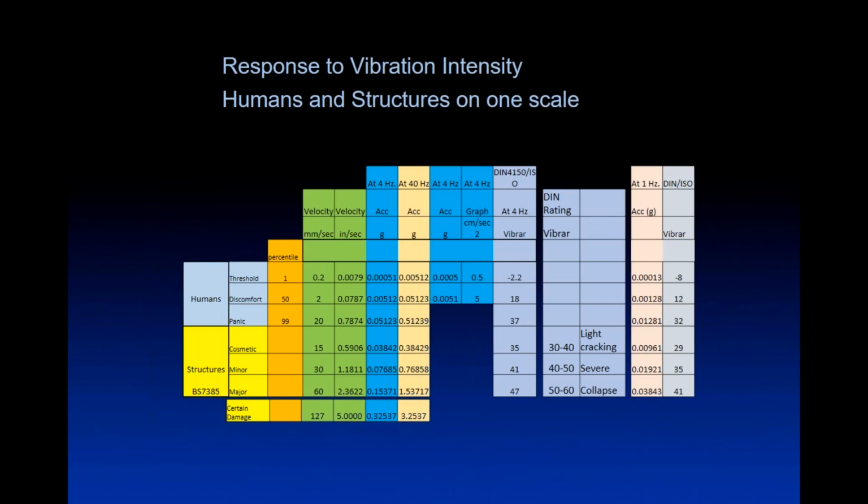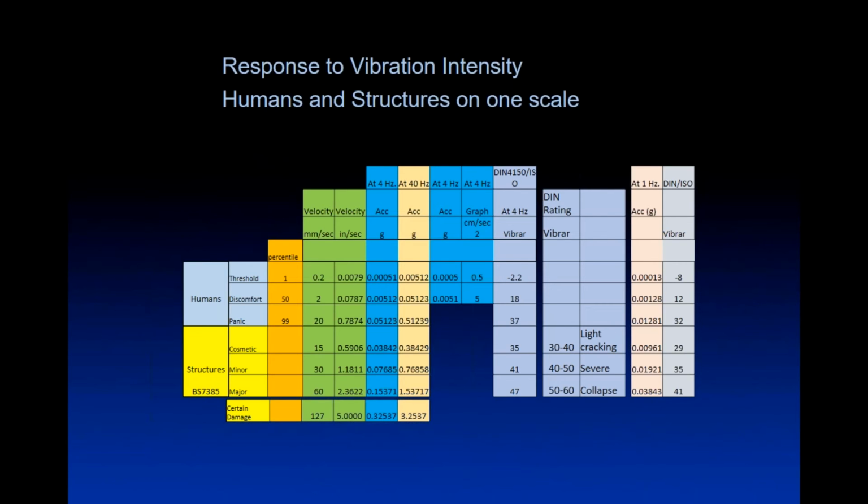These are criteria comparing human comfort with structural damage. Essentially, what we're saying is that by the time you get people inside a building panicking, they do not want to be there, they're running out, that's when you'll get light, cosmetic, structural damage. And you're still going up to higher values here.